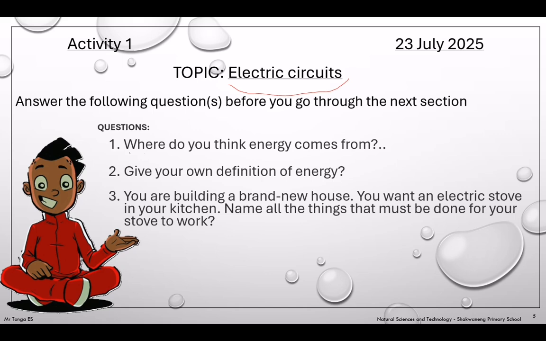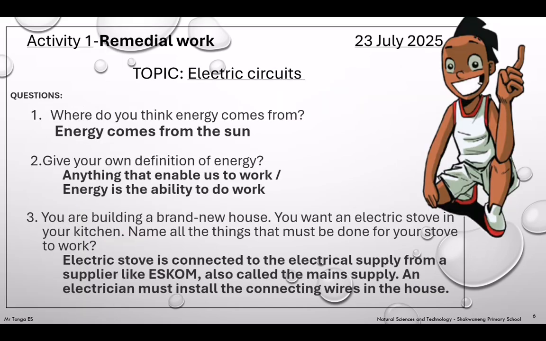Let us check the first question. Where do we think electricity or energy comes from? In Term 1, you would agree with me that we said energy comes from the sun. So the sun is the main provider of energy. In question number two, they say give your own definition of energy.